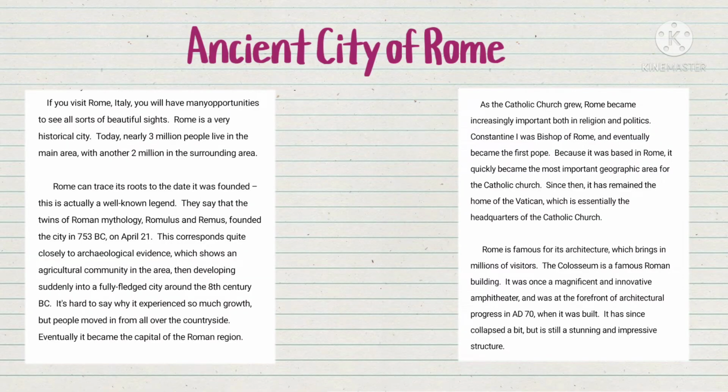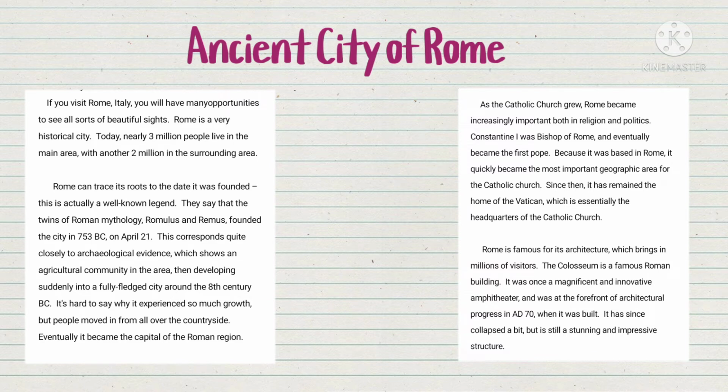Okay, we read this together now. The title is Ancient City of Rome. If you visit Rome, Italy, you will have many opportunities to see all sorts of beautiful sights. Rome is a very historical city. Today, nearly 3 million people live in the main area, with another 2 million in the surrounding area.